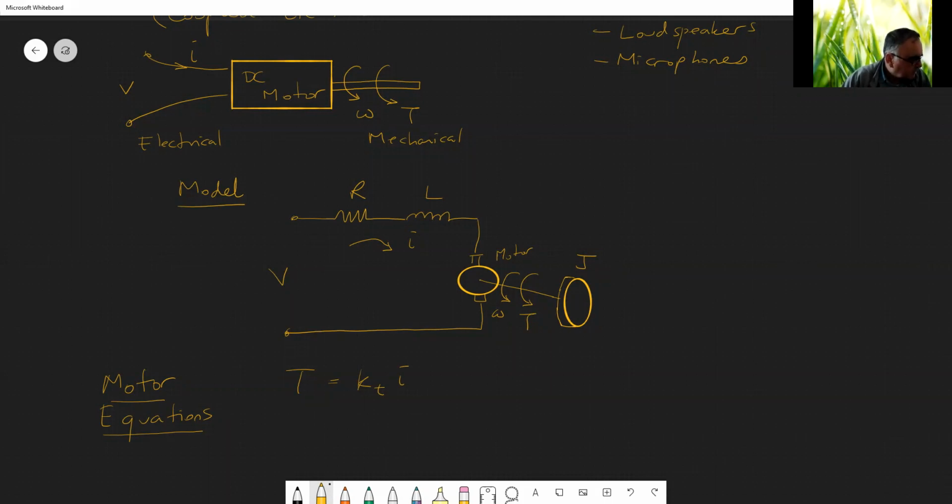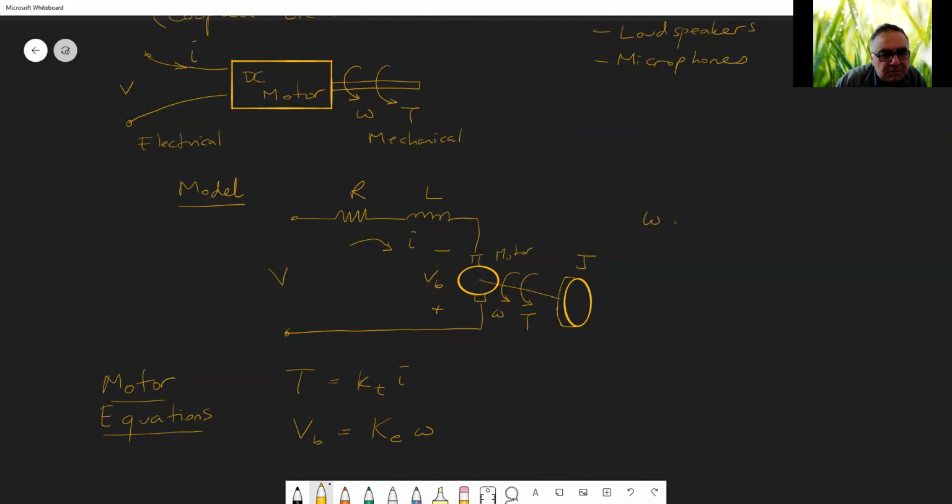Moreover, there is a voltage drop across the motor. Let's say that this is plus, this is minus. Let's call the voltage drop across the motor VB, and that is proportional to KE times omega, the angular velocity.